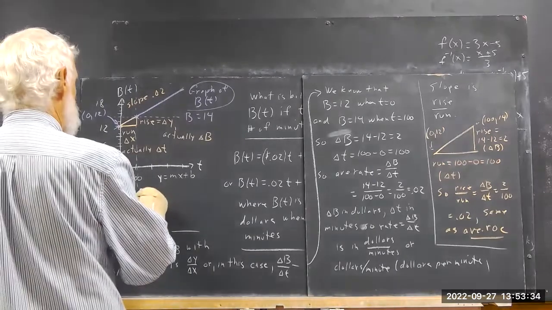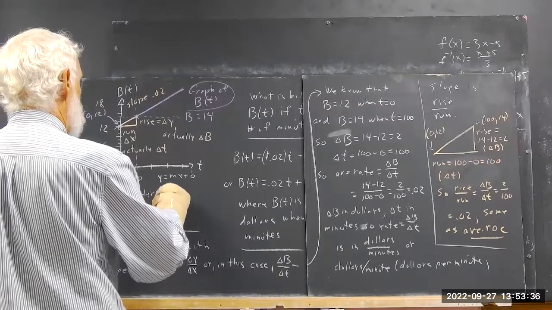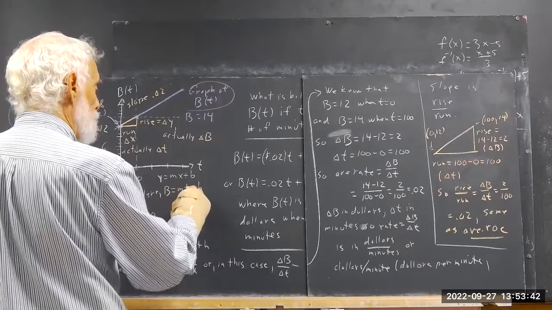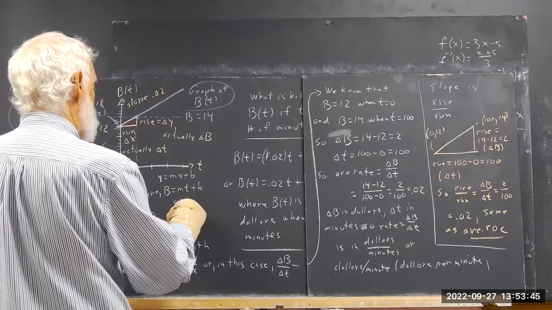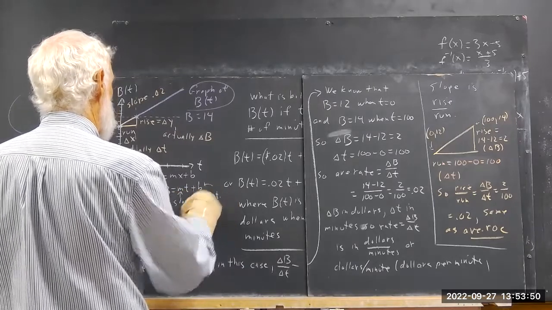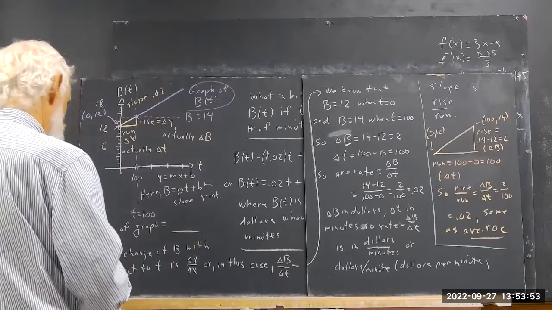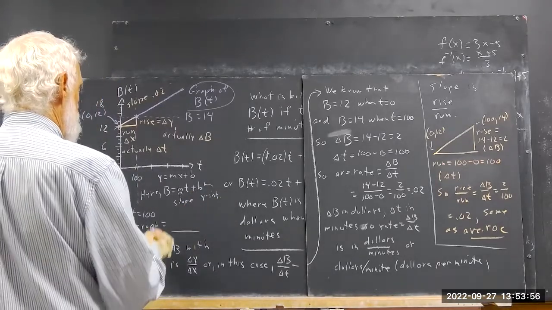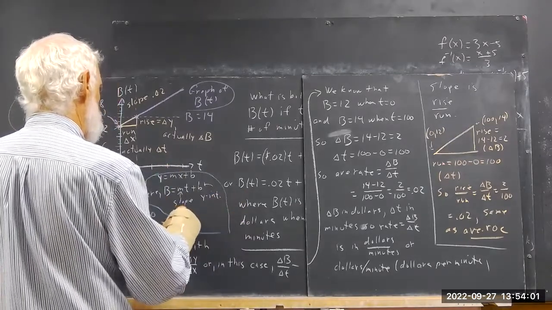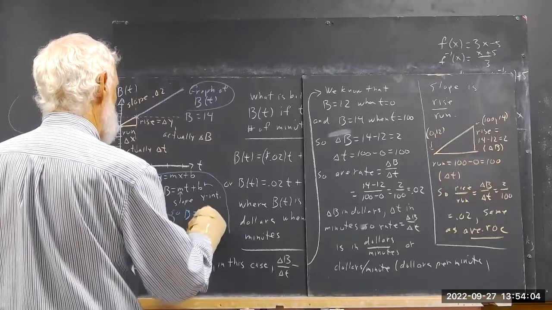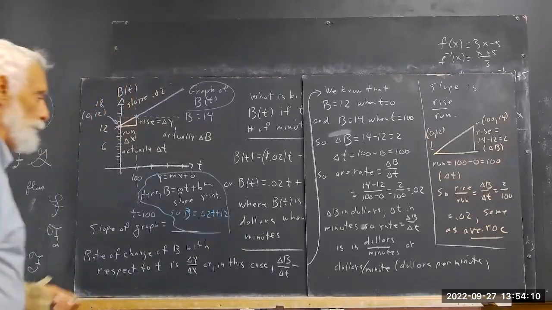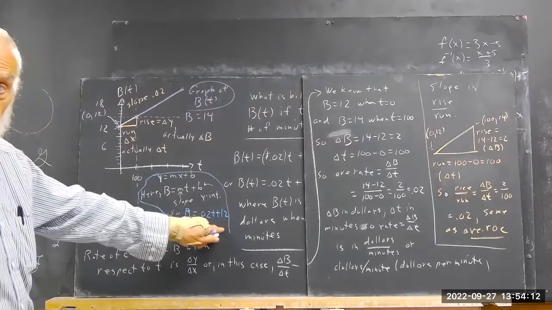But here, P equals mt plus b. This is the slope, this is the y-intercept. So P equals 0.02 t plus 12, slope plus y-intercept.